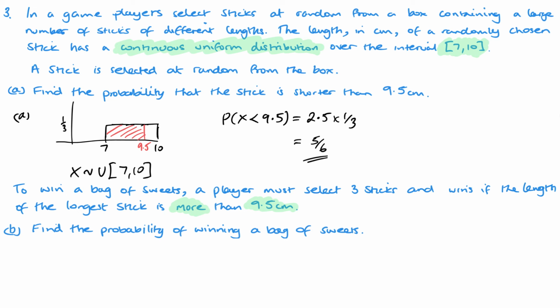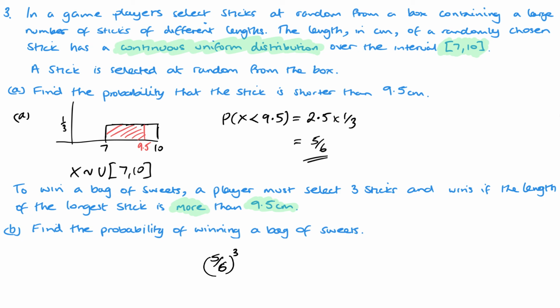So if I think of losing, the only way I lose is if all 3 of my sticks end up below 9.5, which is what I've got the chance of here. So the probability of losing would be if all 3 sticks end up being less than 9.5.